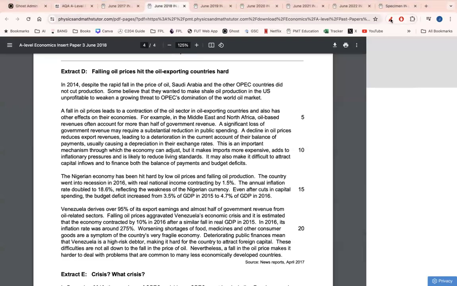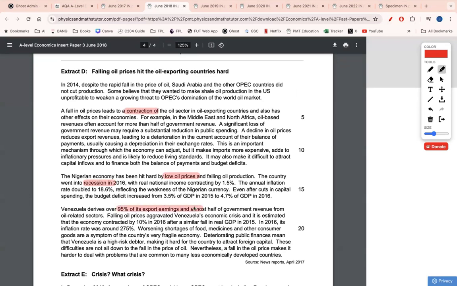You've got a fall in oil prices leading to contraction in those countries. Nigeria has been hit hard by low oil prices. They went into recession because they export oil or stuff related to oil. Venezuela exports too.